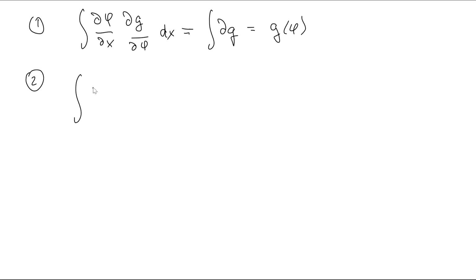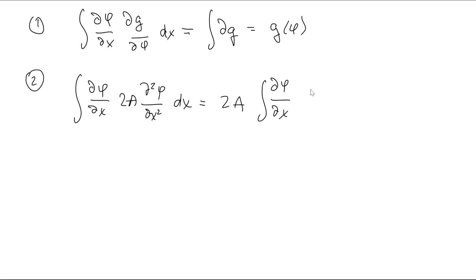Now the second term: we have to integrate dφ/dx times 2a d²φ/dx² dx. 2a goes outside. Now we take this and represent it the following way: it's 1/2 d(dφ/dx)² dx.